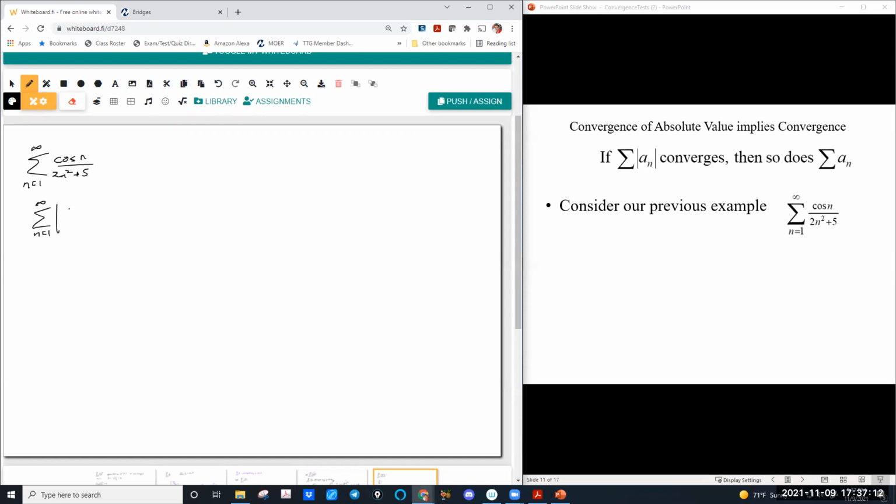That takes care of the fact that we had negative terms. And we know that cosine of n is always less than or equal to 1. So this sum is going to be less than or equal to the sum of 1 over 2n squared plus 5.